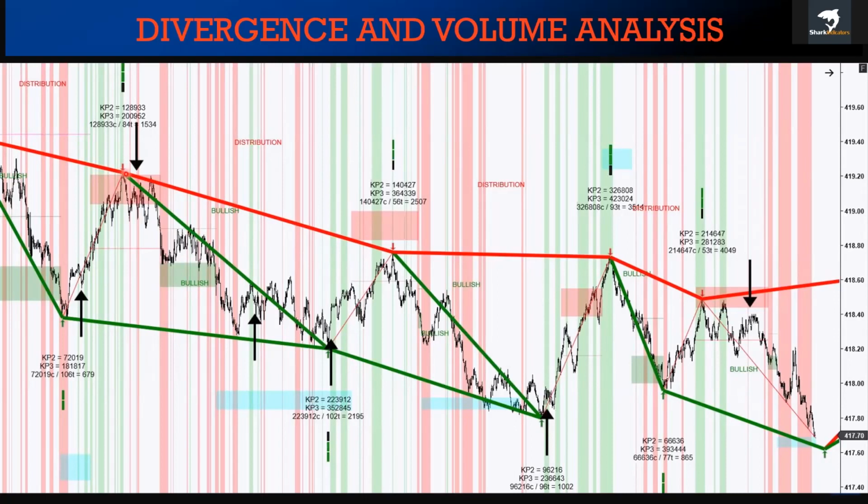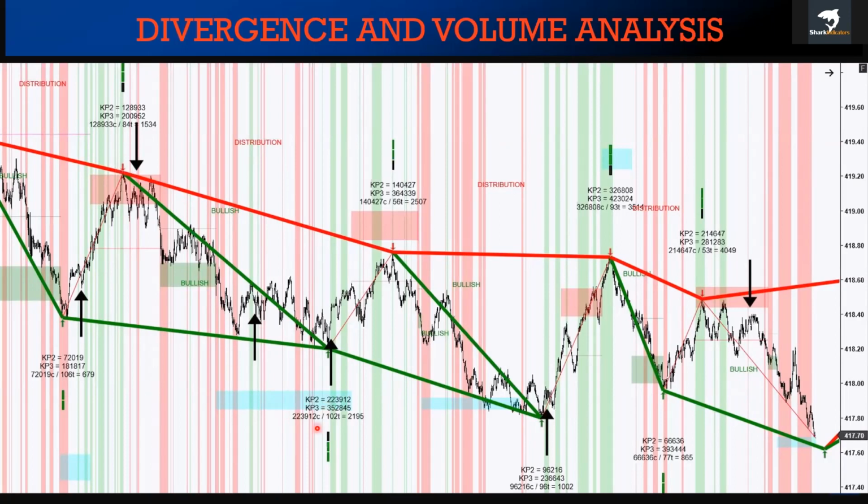So special divergence is when we go from a high to a low, and instead of having a negative delta, the delta is actually positive. And if we look down right here, this thing that says KP2, the delta was positive by 223,000 shares in the SPY.